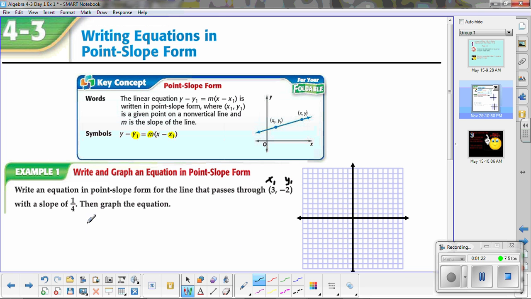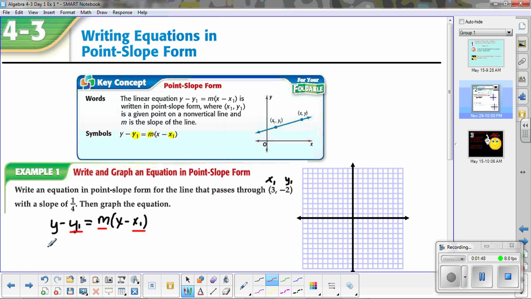So in point-slope form, I'm going to go ahead and just write the form down. y minus y1 equals m times the quantity x minus x1. You're going to replace these with the numbers that you're given.